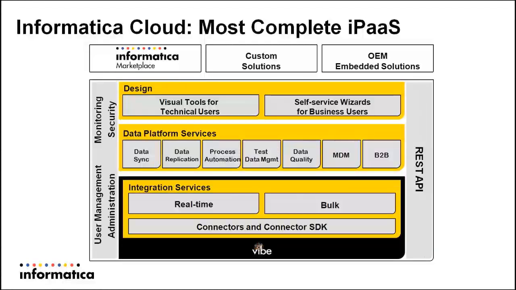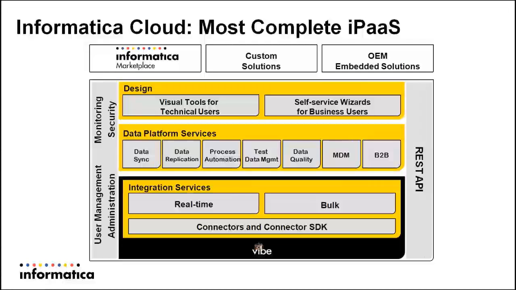We talked a little bit about iPaaS, which is Integration Platform as a Service. We'll get more into this as we talk about the API framework features in the summer release. But just so you know, all of those capabilities I just showed you, whether it's data hierarchy management or data integration or real-time application integration, are all delivered on a unified platform with the Vibe runtime engine at its core to allow you to seamlessly share metadata across on-premise and cloud integration workflows, and now across real-time and batch integration workflows as well, and we'll show you that in the demo.